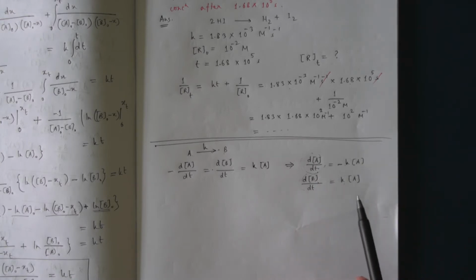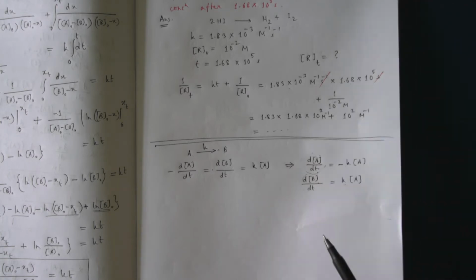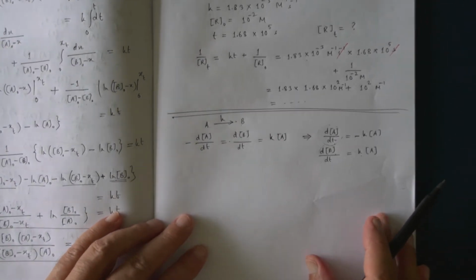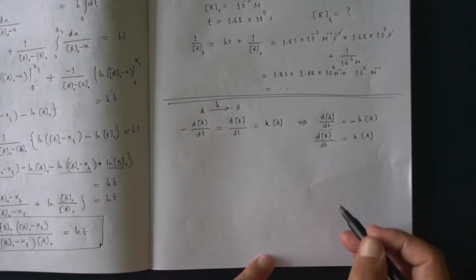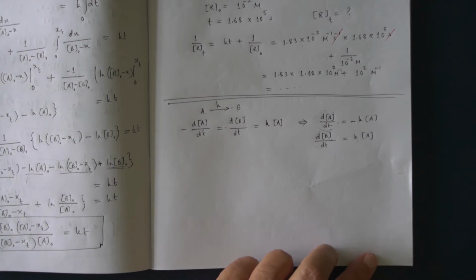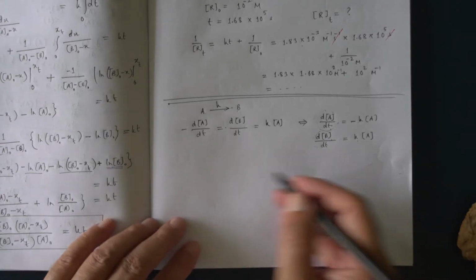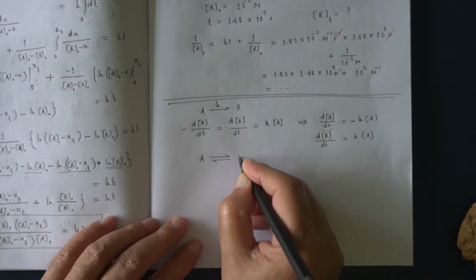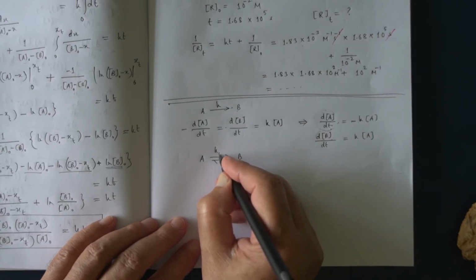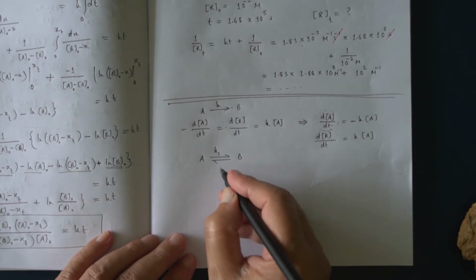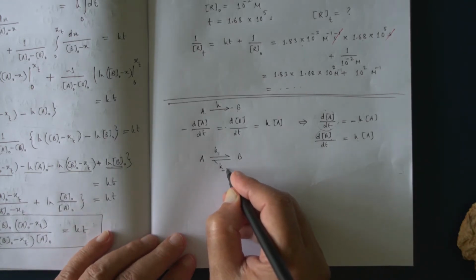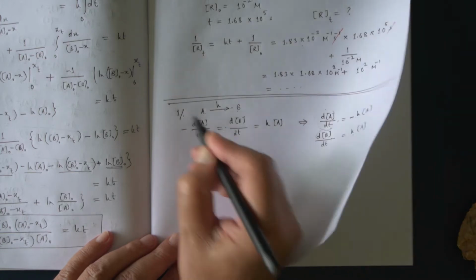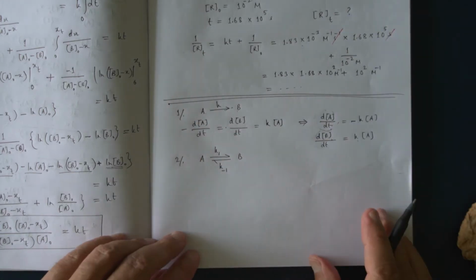That means if something is formed, then this will be plus. A is the reactant, so minus. Okay, now let us see another example. Say this is the example. This is a reversible reaction. This is the rate constant of the forward reaction and the rate constant of the backward reaction. This was number 1 and this is number 2.